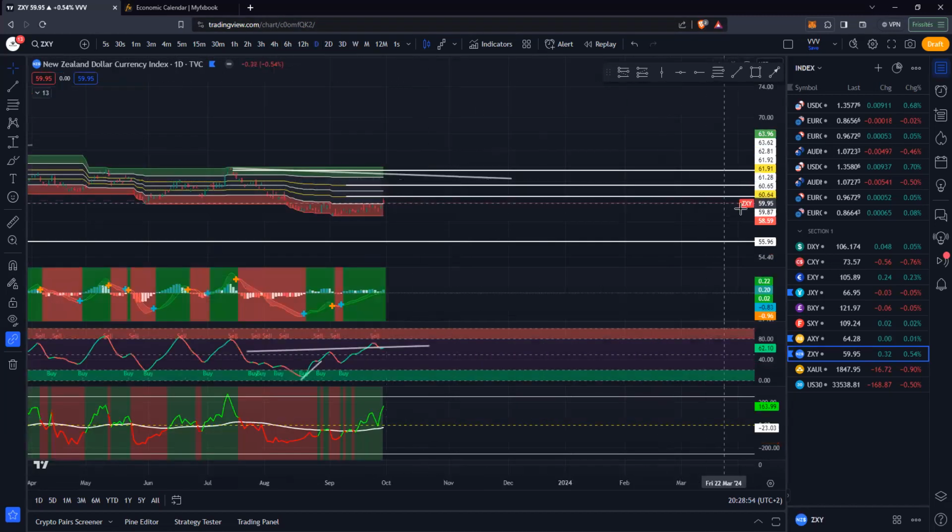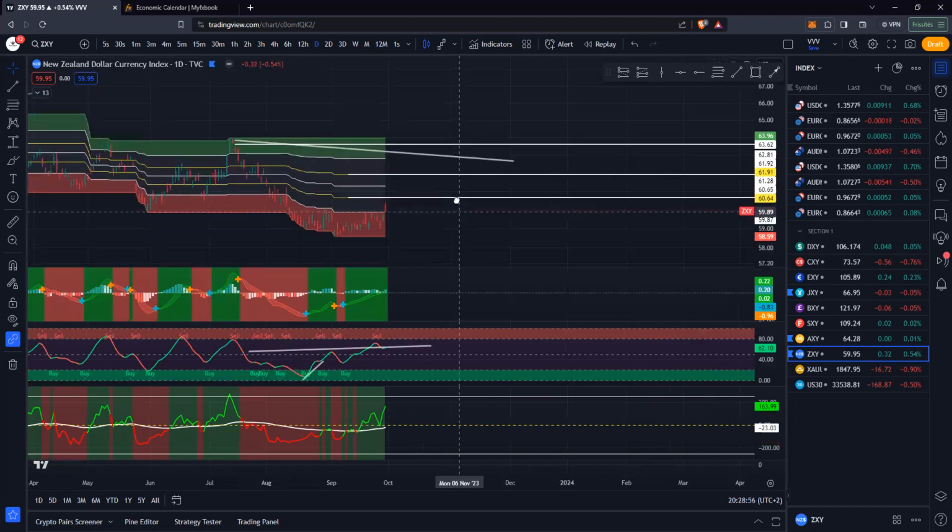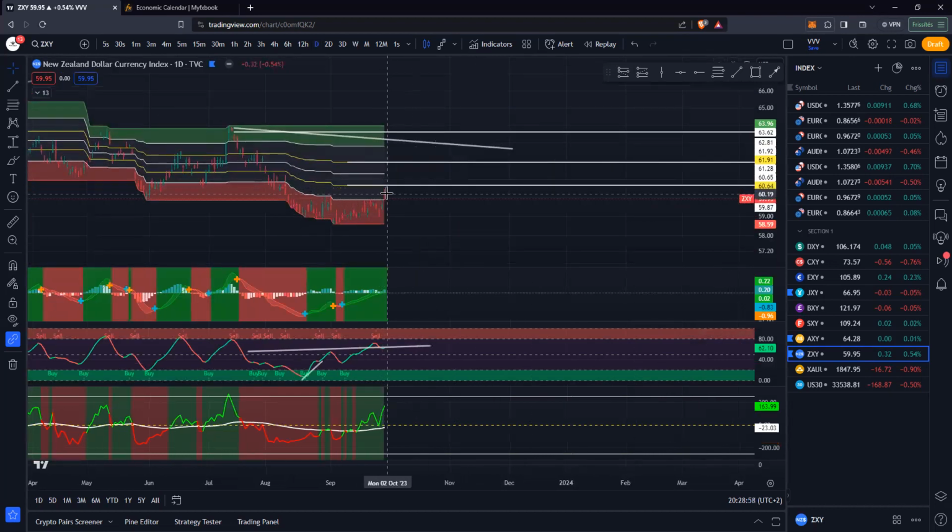Also on the daily picture, we almost made it to the target, to the 38, but we just saw rejection. But there is also a huge gap between the two, so it's just moving to the upside like crazy.